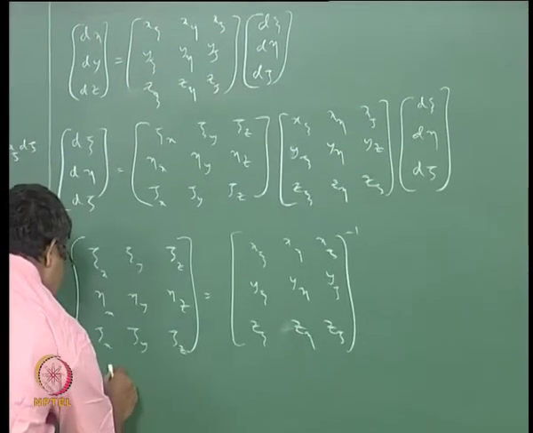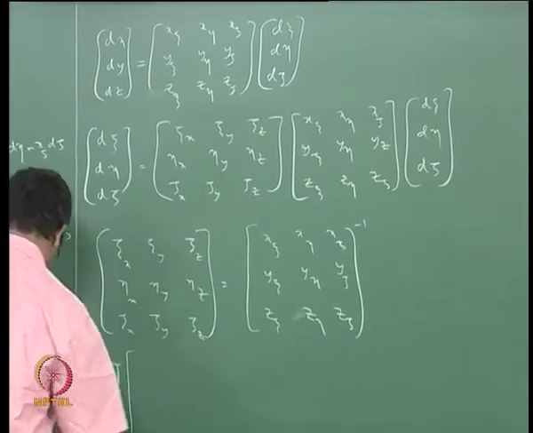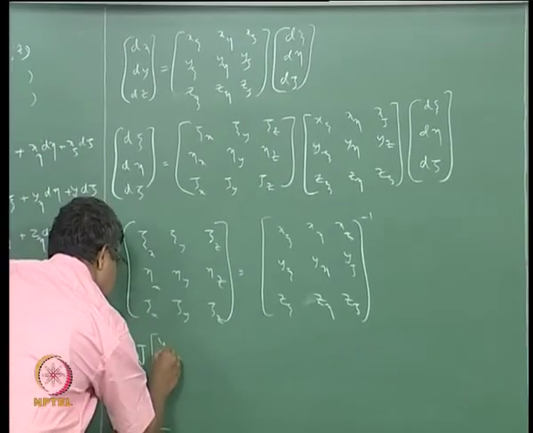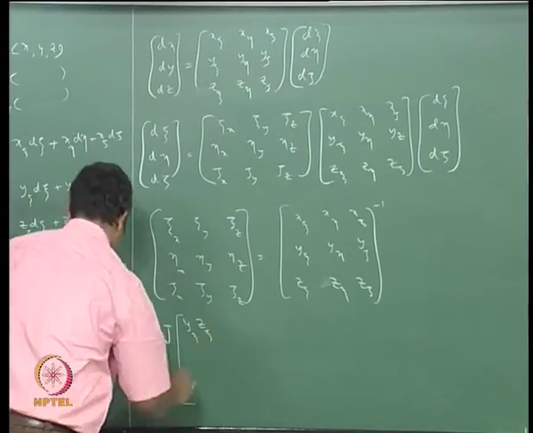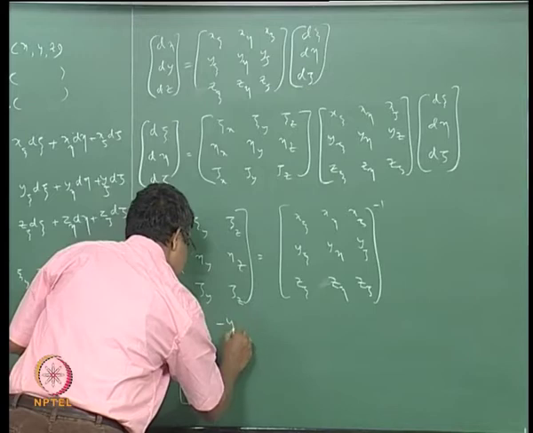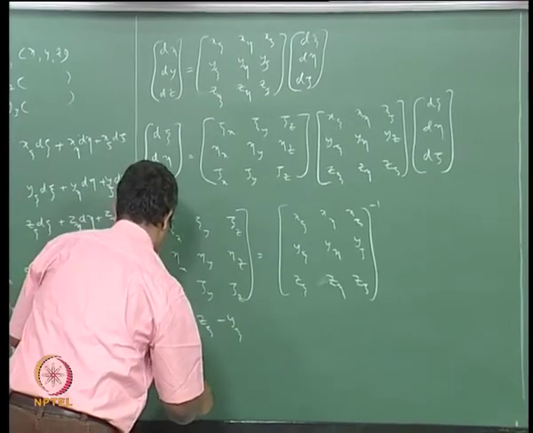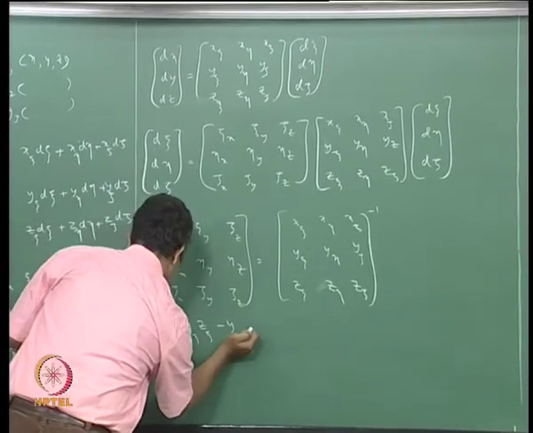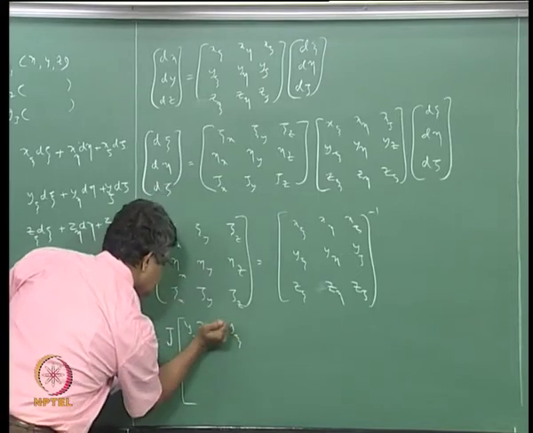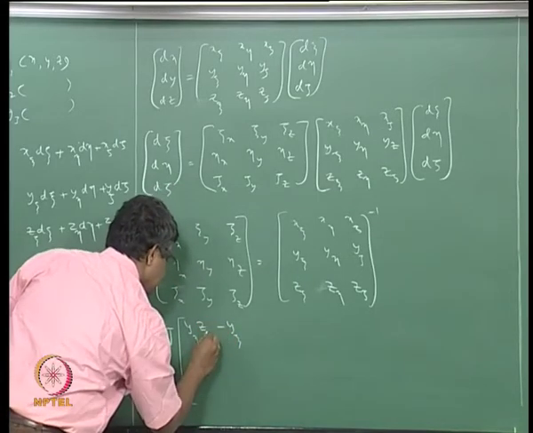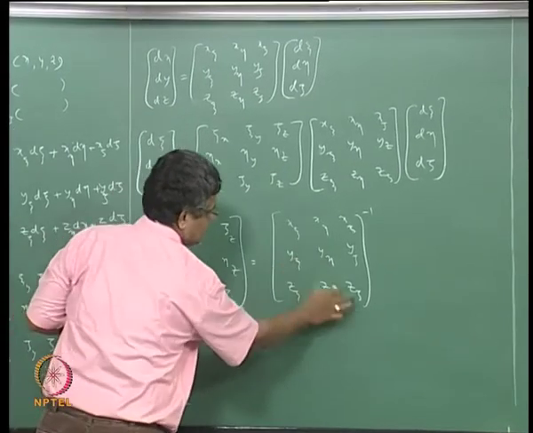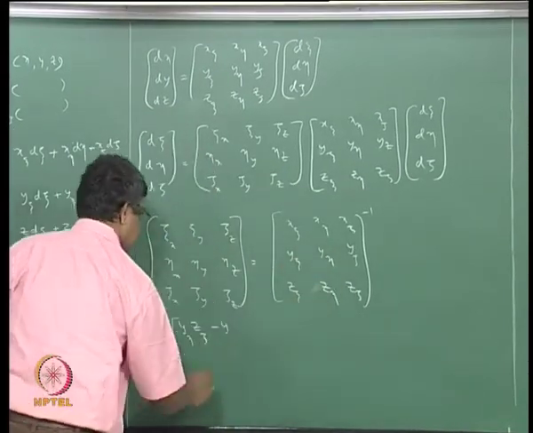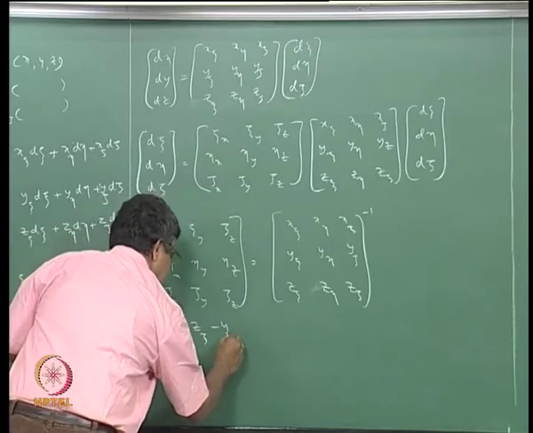We can expand the inverse. The first term is x eta times y zeta, z psi... minus z zeta. So these two minus these two.